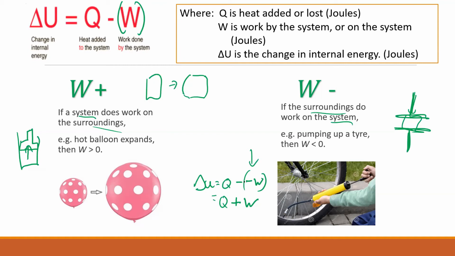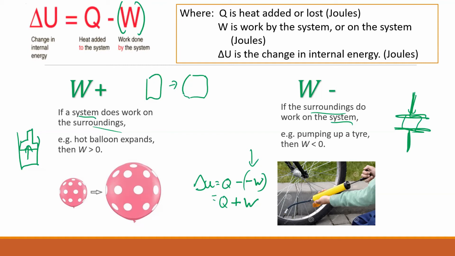Now, this is going to be a bit confusing at the moment. I know some of you guys are going to be like, what? But it'll help a little bit more when we do examples. But the takeaway to be at the moment is make sure you use brackets when you do this formula. And remember to ask, am I doing something to the system? Am I forcing air into the system?